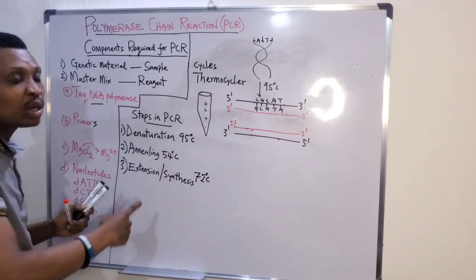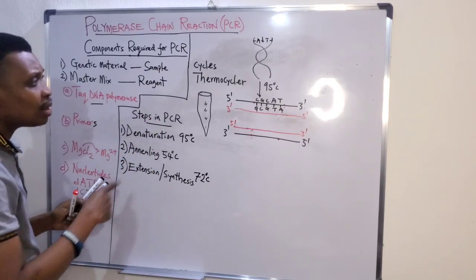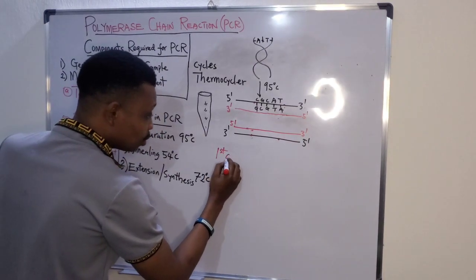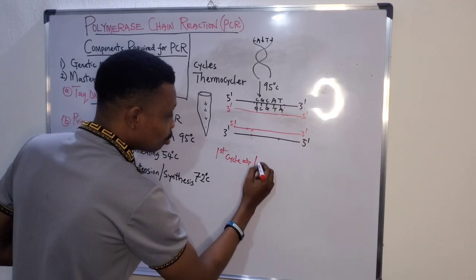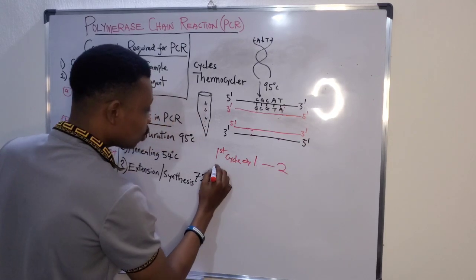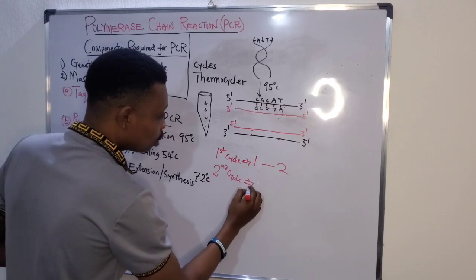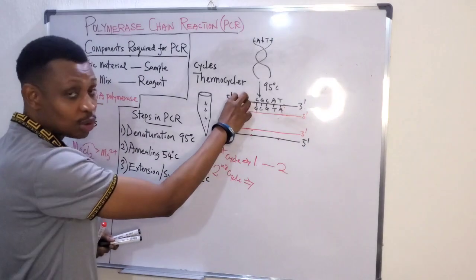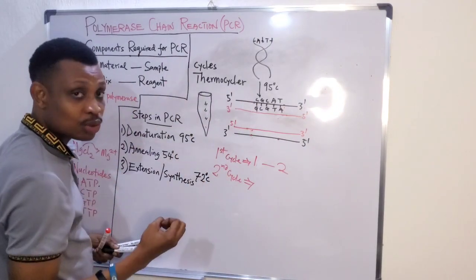Now, this circle will continue to even about 30 or 40 circles. In the first circle, one molecule of DNA gave rise to 2. So in the second circle, each of these DNA strands will give rise to what? 2 DNA molecules.